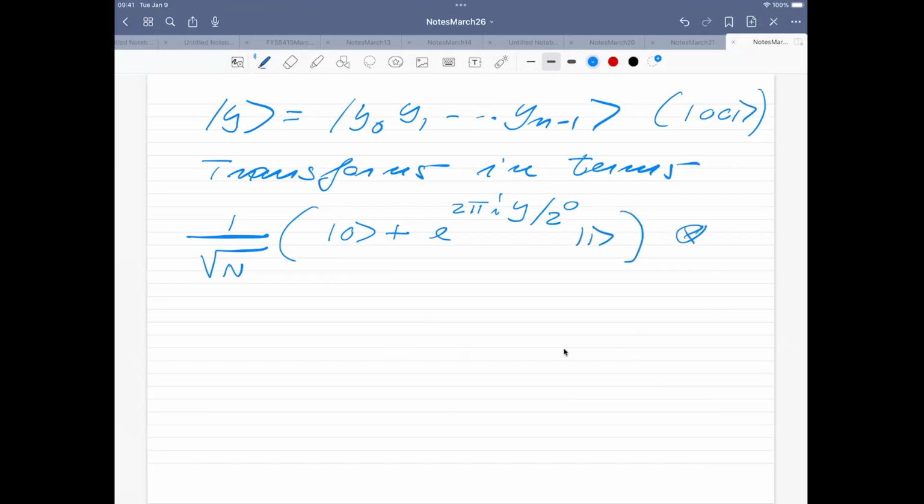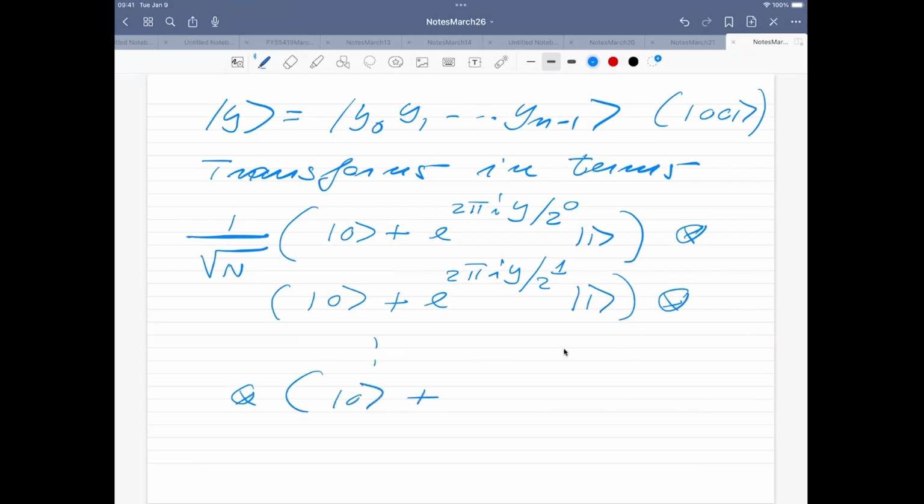Tensor product with 0 plus e to the 2 pi i y divided by 2 to the power of 1 multiplied with 1. And finally, when we go through all the tensor products, we end up with 0 plus e to the 2 pi i y divided by 2 to the power of n minus 1, and then multiply with 1, etc.